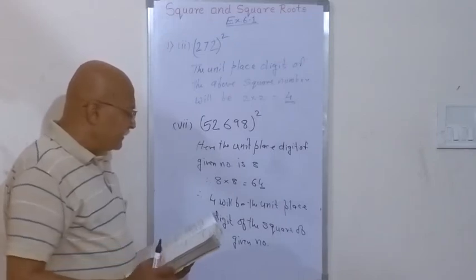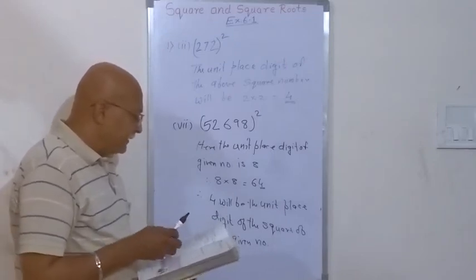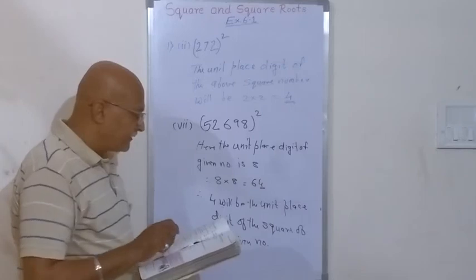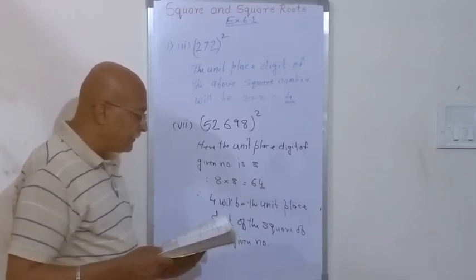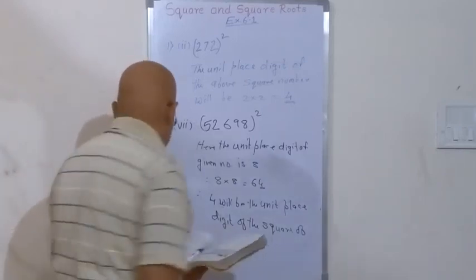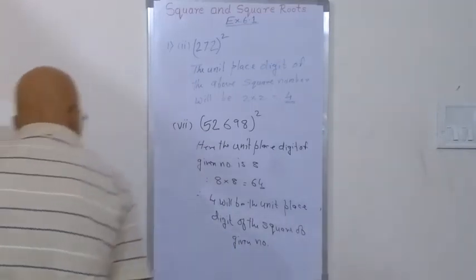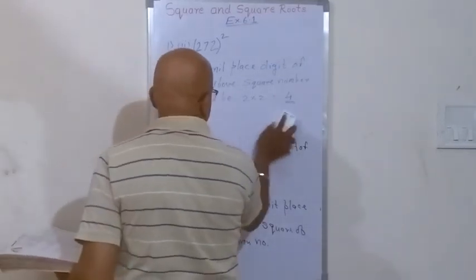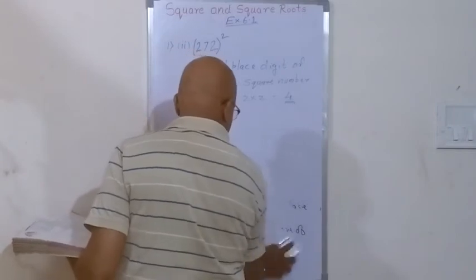Now second one we will see. The following numbers are obviously not perfect squares. Give reason. Now see here, the given numbers are not perfect square.